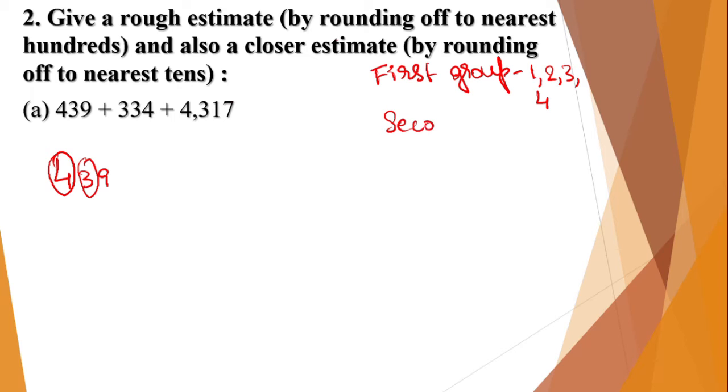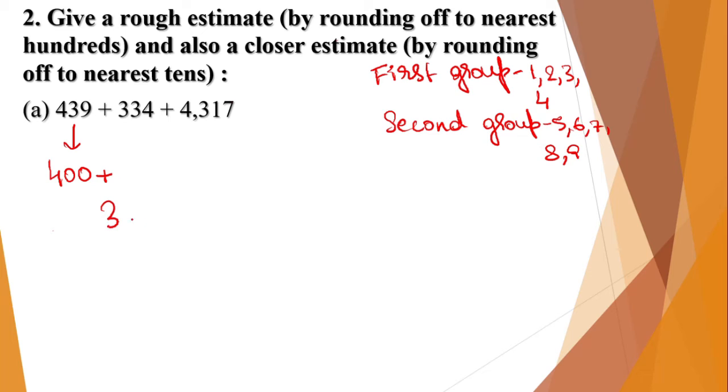And in the second group we have 5, 6, 7, 8 and 9. Now 3, as you all can see, is in the first group. So if the number is in first group, no changes. 4 will be as it is, but 3 and 9 will become 0. So we will get 400 as our answer. So 439 round off to nearest 100 will give us 400.